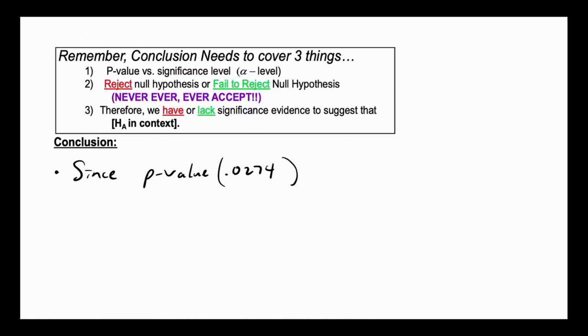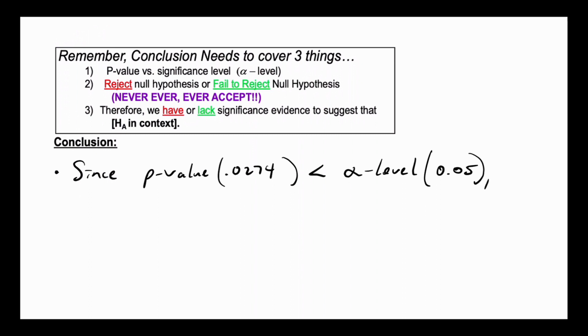What was our alpha level? What was our significance level? 0.05. Okay. So is it bigger or smaller than that? Smaller. So we're going to say less than alpha level, which is 0.05.